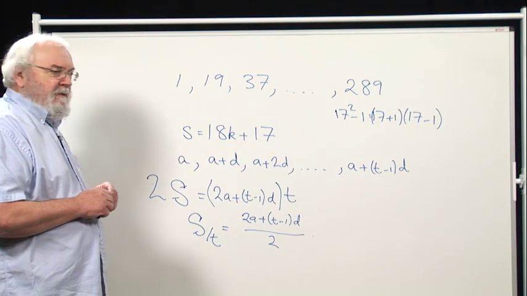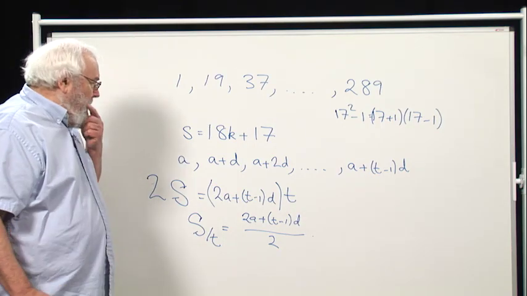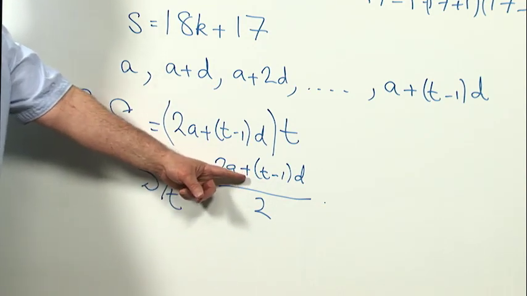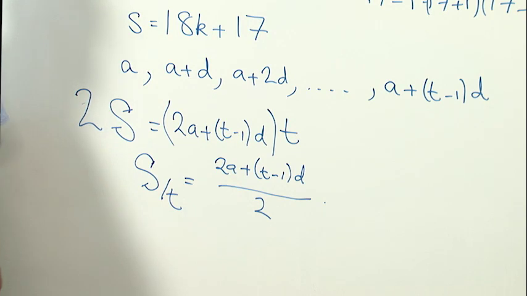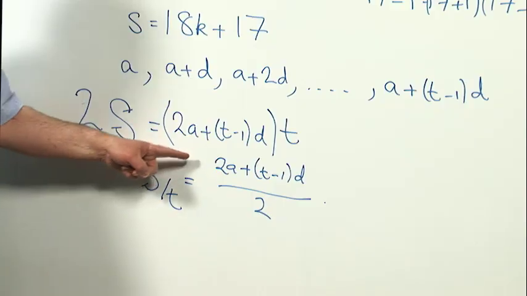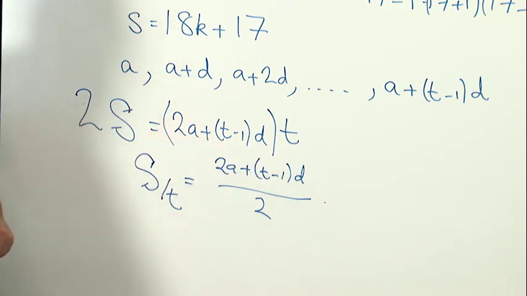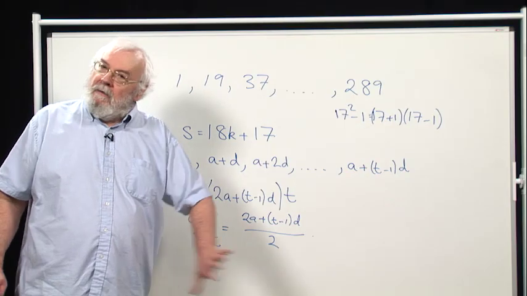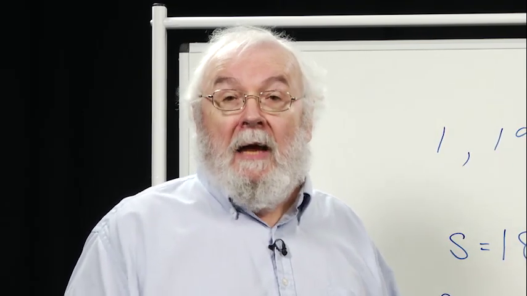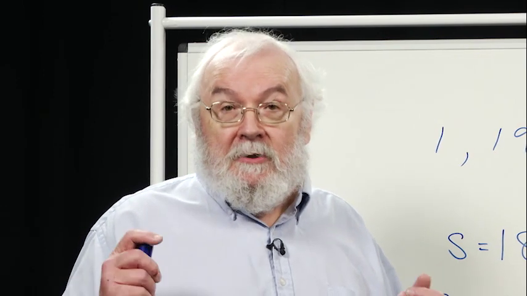Right. It's still a bit algebraic, but think about what this is. We've seen this before. This, after all, is the average of the first and the last terms. If I added that to that, I would get this numerator. So park the algebra. Think about what's going on here. The average of a t-term arithmetic progression is just the average of its first and last terms.